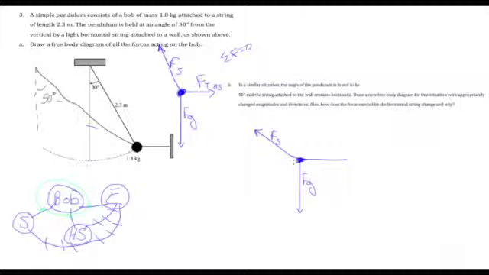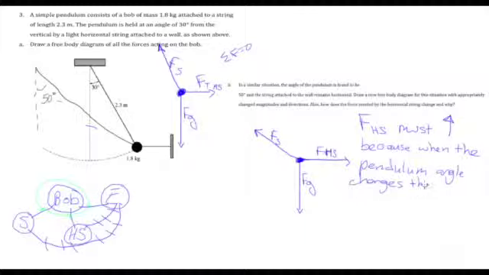And so this length has to be bigger than this original one was. So it says, how does the force exerted by the horizontal string change? Force of the horizontal string must increase because when the pendulum angle changes, there is more force in the x component, or in the x direction.